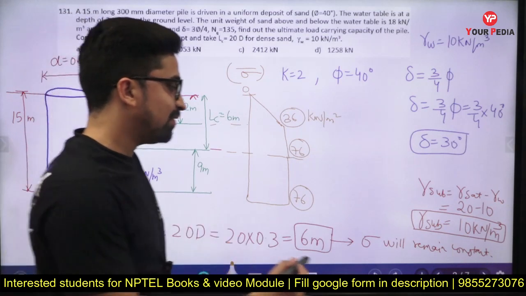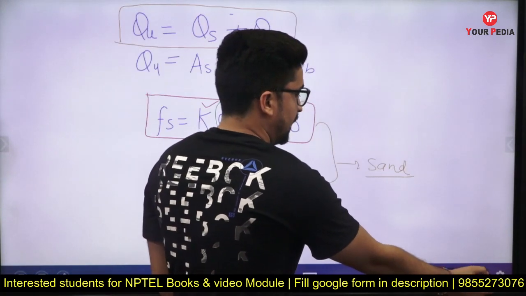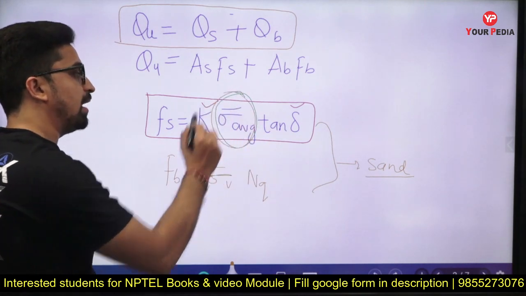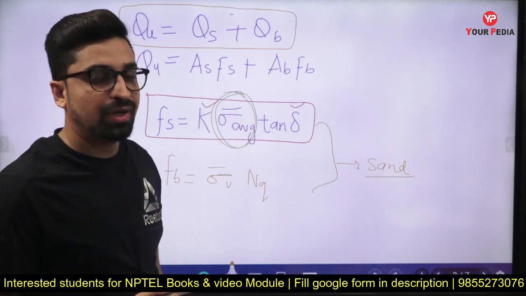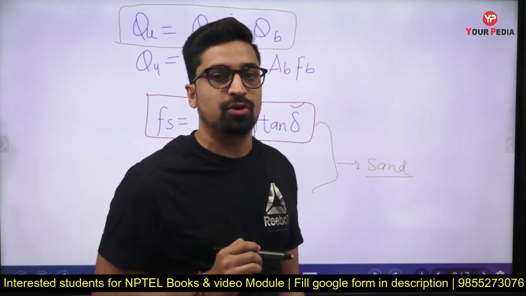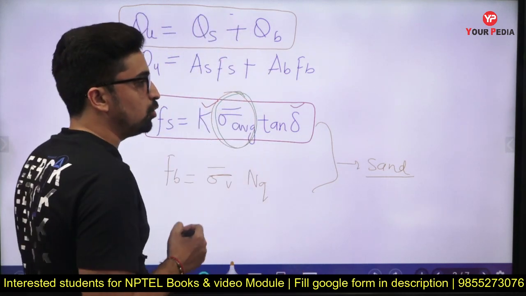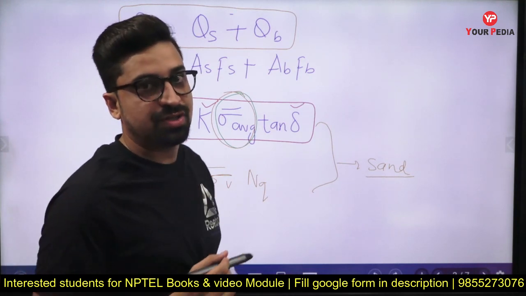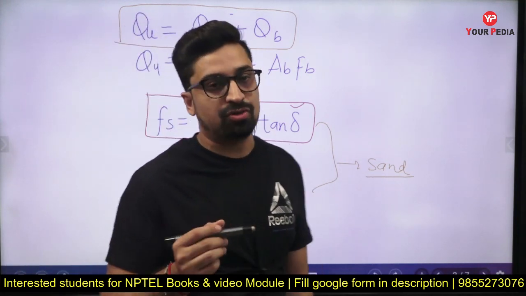But in the formula we need to use the average value of sigma bar, and here in this question you can see that the sigma is changing along the length of the pile. So we need to find the sigma bar average values for all the regions, which is region 1, region 2 and region 3.